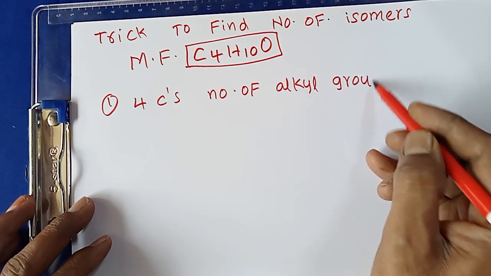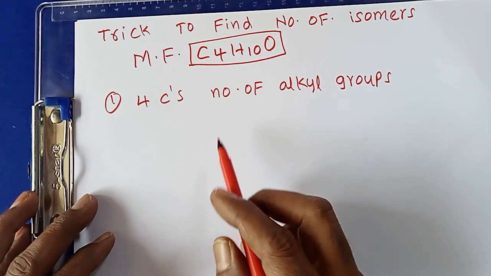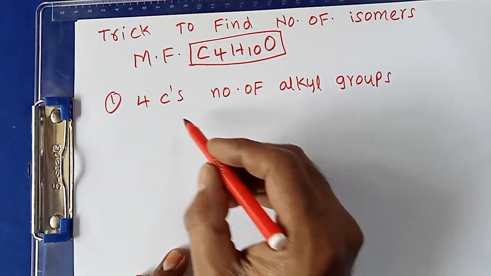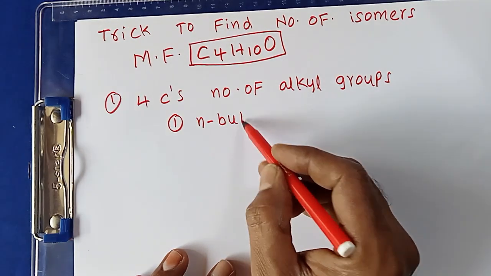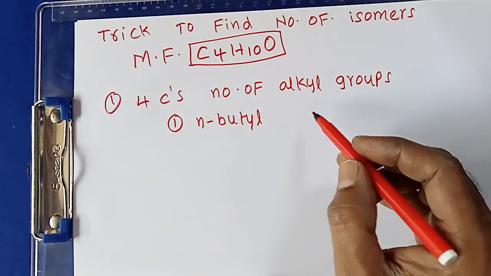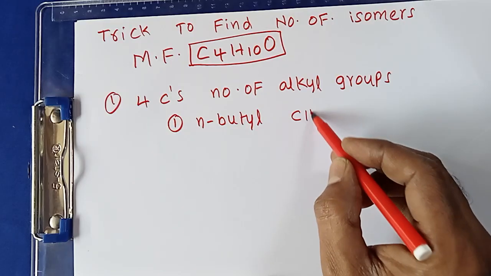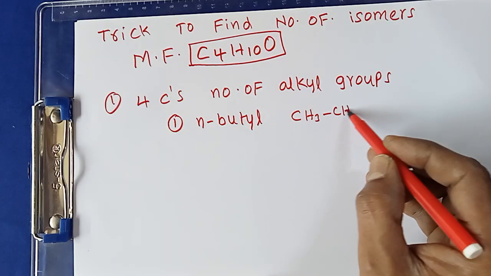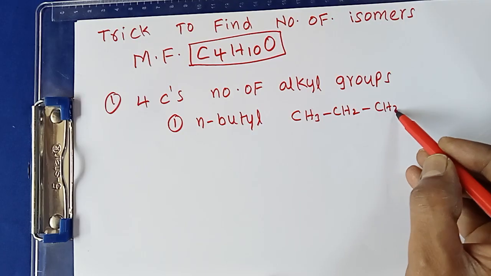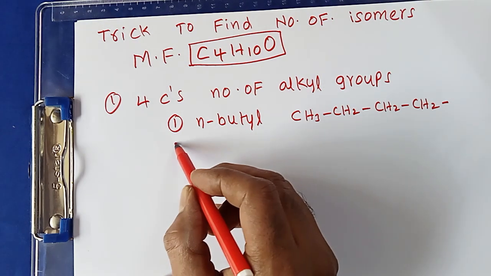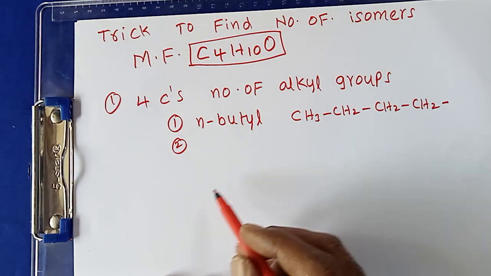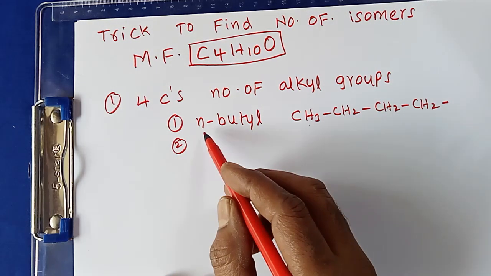This is a trick. You must and should know that. 4 carbons alkyl group, how many? Number 1, N-butyl. N-butyl structure we know: CH3, CH2, CH2, again CH2. This is N-butyl.